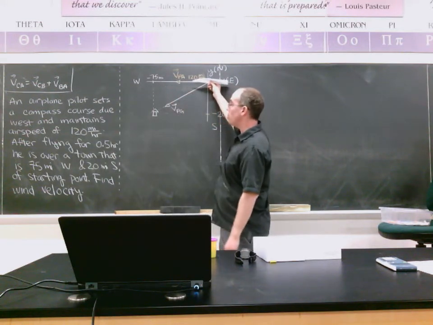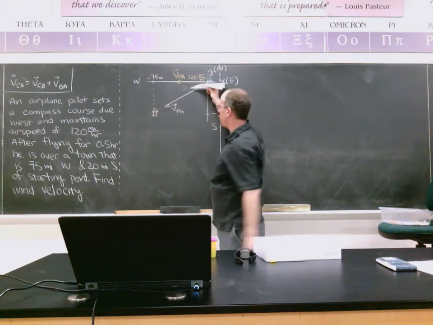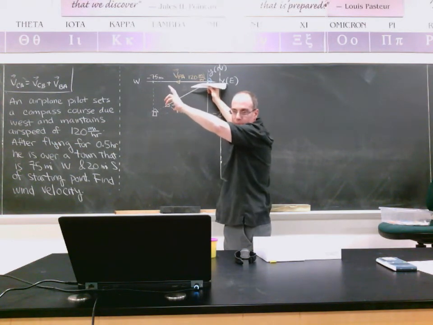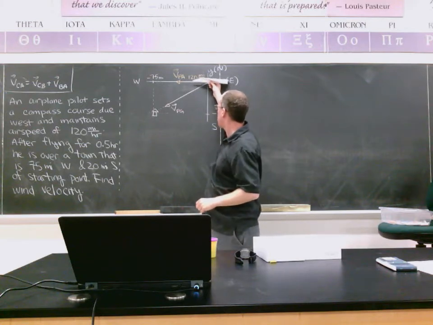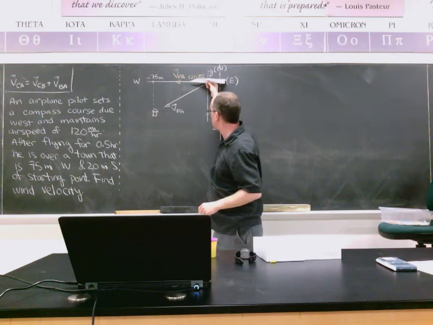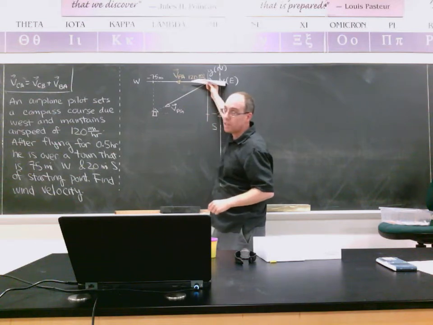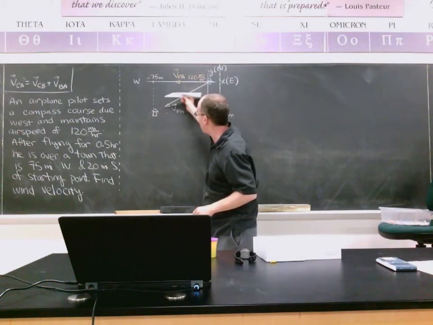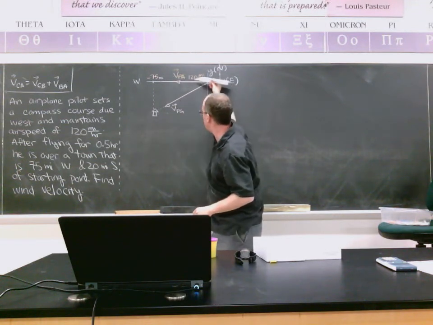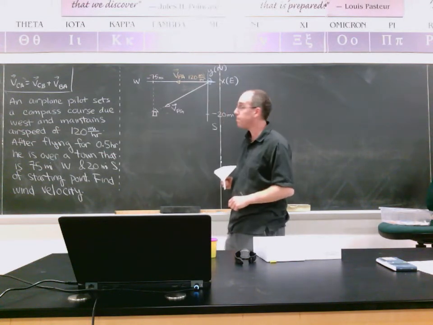However, we do have a wind, and we can tell the wind is at least partially blowing to the south, maybe southwest, maybe southeast, but at least to some extent to the south, which means that even though the airplane is pointing to the west and flying westward through the air, the motion of the wind means that the airplane moves along this direction with respect to the ground. Okay? So this is the direction of velocity plane with respect to air. This is the direction of velocity plane with respect to ground.